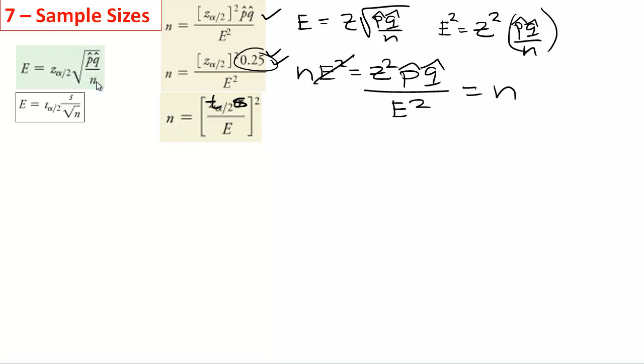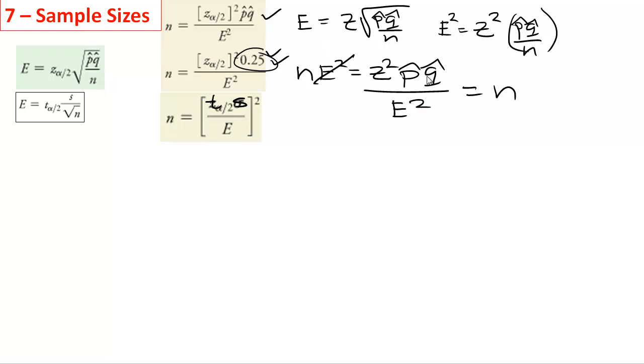Well, as n gets bigger and bigger, this whole thing on the right side, i.e. E, gets smaller and smaller. So that's why when we're solving for n, it's a minimum sample size, because if n is actually bigger than that, then E is just going to end up being smaller than what we wanted, right? If we set it at 1% and we make n bigger than what the formula tells us, then E is just going to be even smaller than 1%.